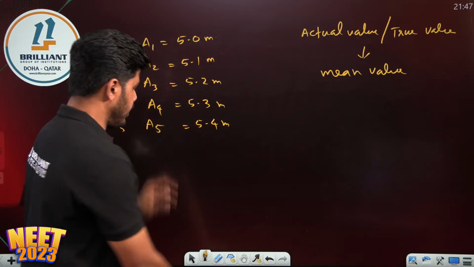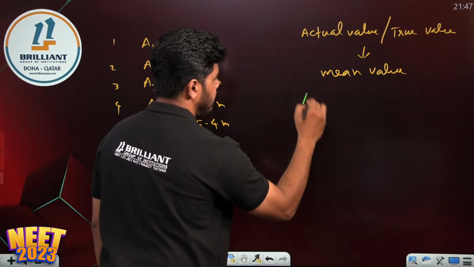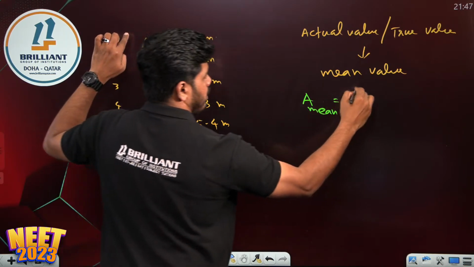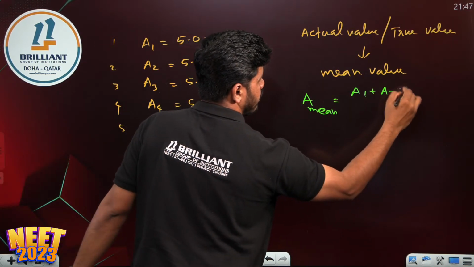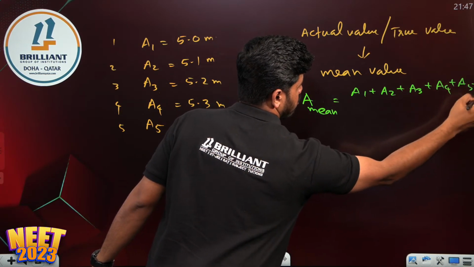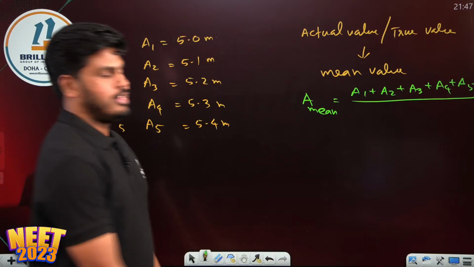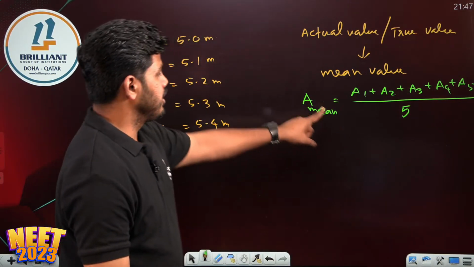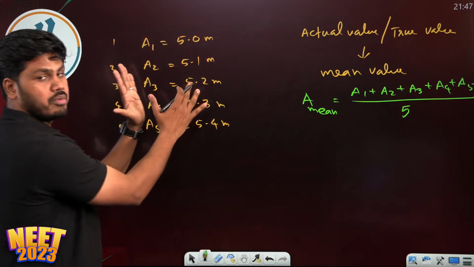How will you find the mean value? Let me take the mean of these given measurements. A mean is equal to A1 plus A2 plus A3 plus A4 plus A5, the sum of all measurements divided by the number of measurements given, 5. Correct? That will give you the average or mean value.